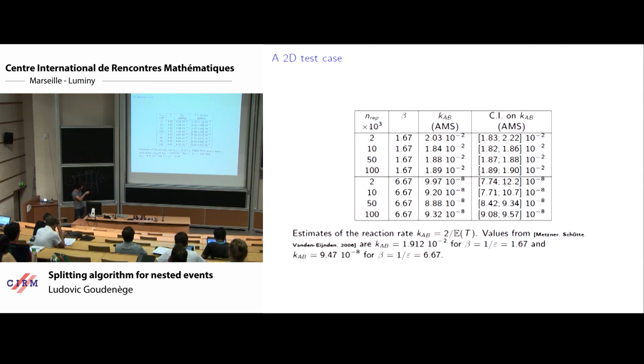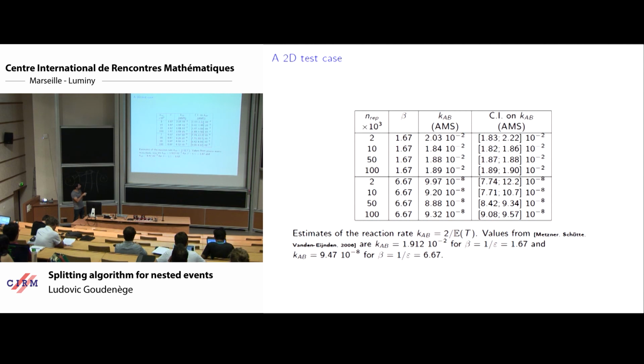If I do some estimation of the time, I have the time of the solution, and I want to compute this k_AB. Here k_B is the Boltzmann constant, given some temperature, where beta is the inverse of the temperature. There was a benchmark with another article. I want to compute this quantity, so the estimation of the time of the particles gives me an estimation of the constant.